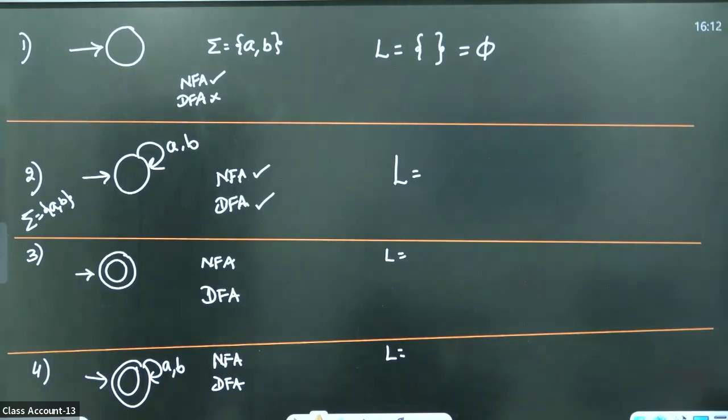Yes, it is also phi. The second is also phi because there is no final state. When there is no final state, the language is always empty.